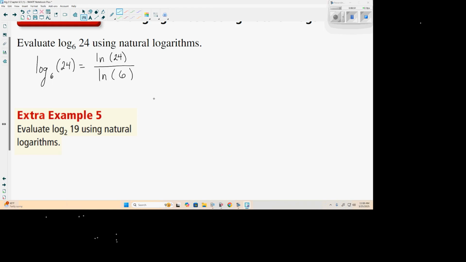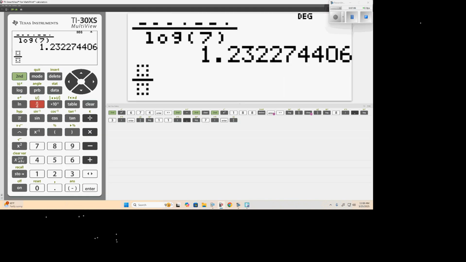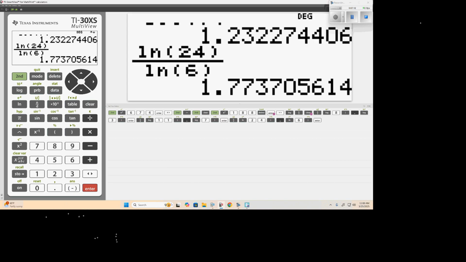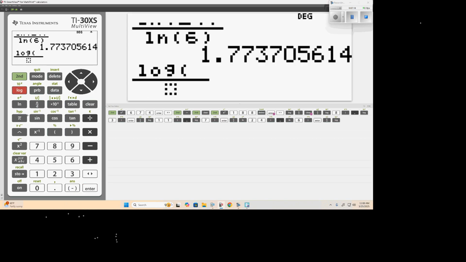Because again, the change of base says we can change that base to be whatever we want. All we've done for this here is change that base to be e. And since it's e, we use ln. So we'd have ln of 24 over ln of 6. We get this here. Now, if we'd have used log, we'd have log of 24 over log of 6.